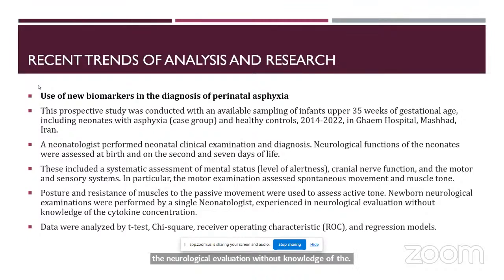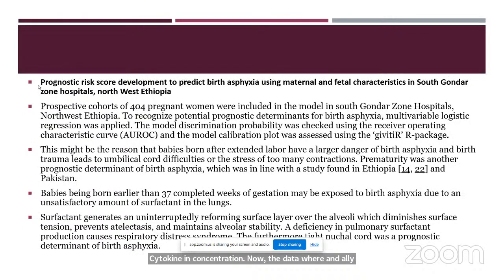Now, the data were analyzed with the help of the t-test and chi-square, and the next trend which we can discuss is prognostic risk score development to predict birth asphyxia. This might be the reason why babies born after extended labor have a larger danger of birth asphyxia and birth trauma, which lead to umbilical cord difficulties or the stress of too many contractions.